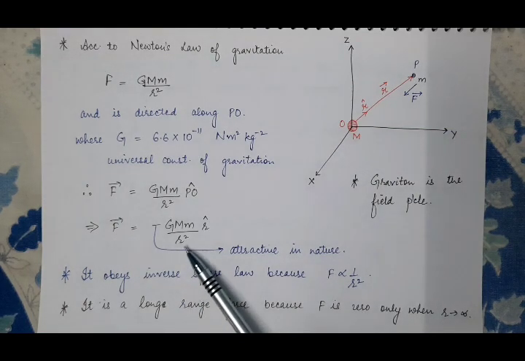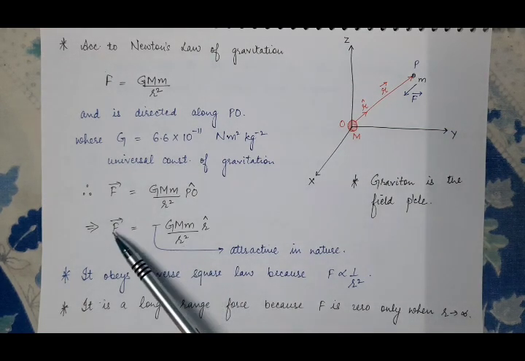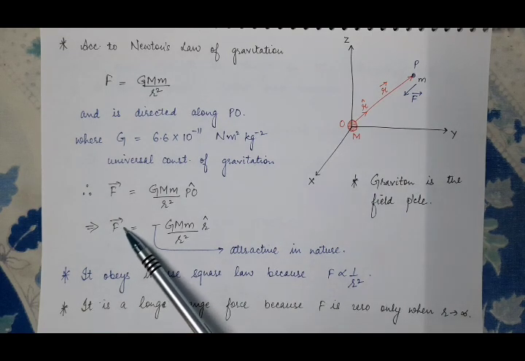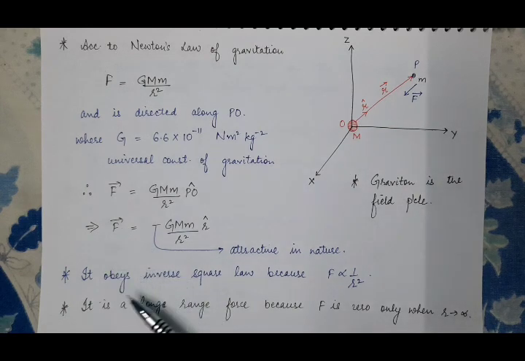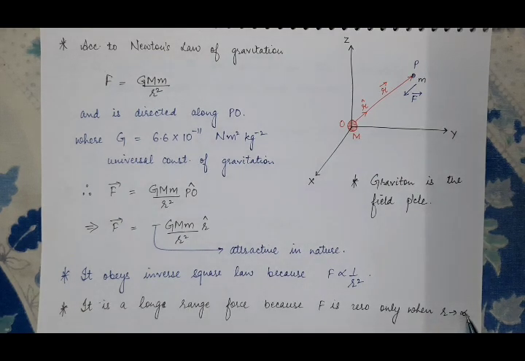Otherwise, when this distance is finite, the force can be small, but it will be non-zero. So it defines that this gravitational force is a long range force. Why? Because it is zero only when r approaches infinity.